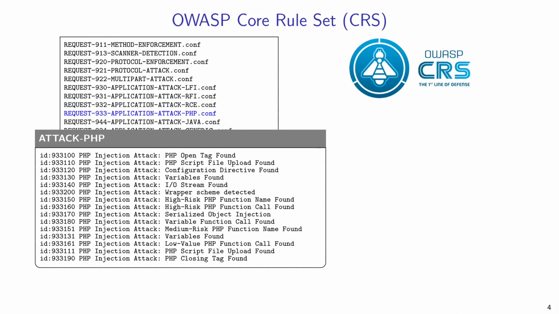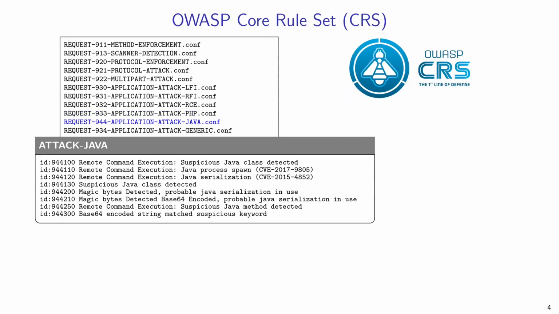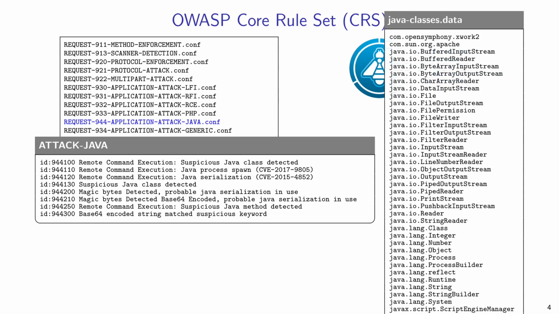PHP attack rules aim to detect PHP code injection by searching request parameters for anything that looks like PHP code. They use databases of PHP configuration directives, function names, and variable names. Java attack rules cover the Java programming language using a database of common Java classes often involved in attacks.